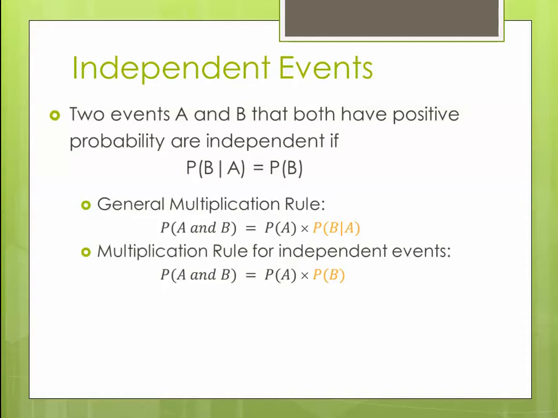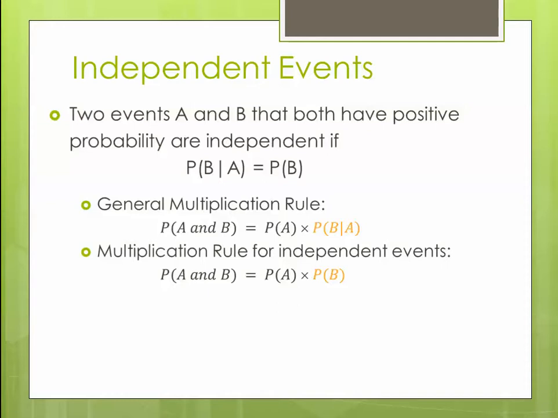So the conditional probability of B given A is equal to the probability of B. In other words, that restriction of the sample space did not affect our probability of B happening.